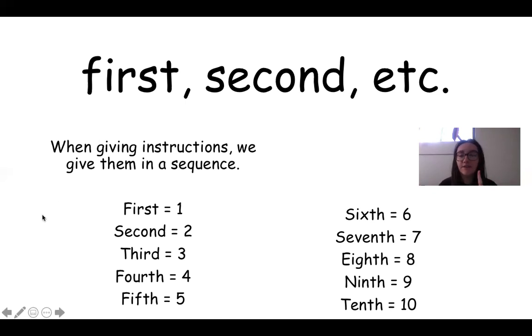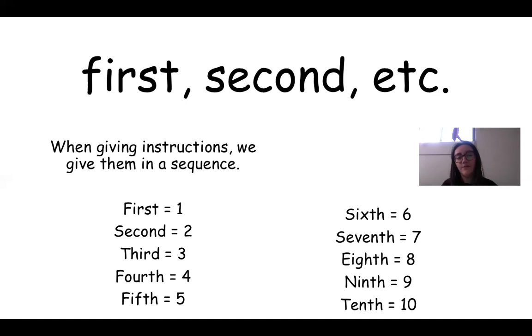So first means one, second means two, third means three, fourth means four, fifth means five, sixth means six, seventh means seven, eighth means eight, ninth means nine, and 10th is 10.